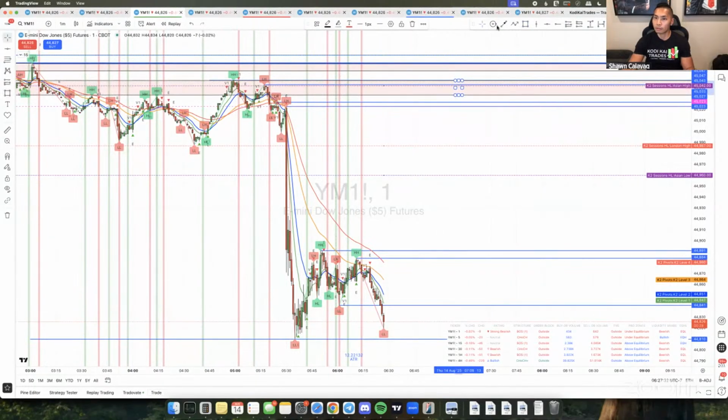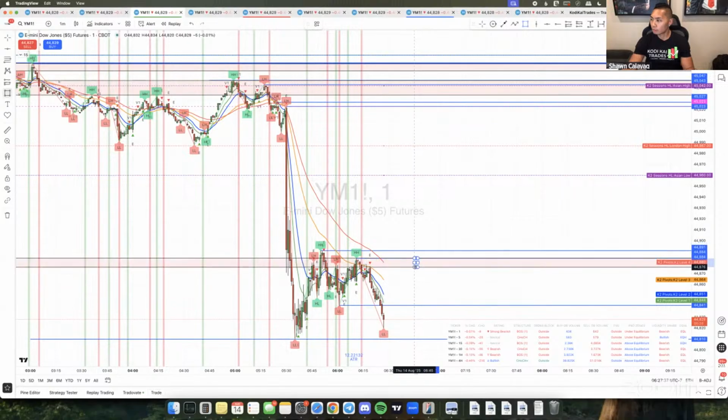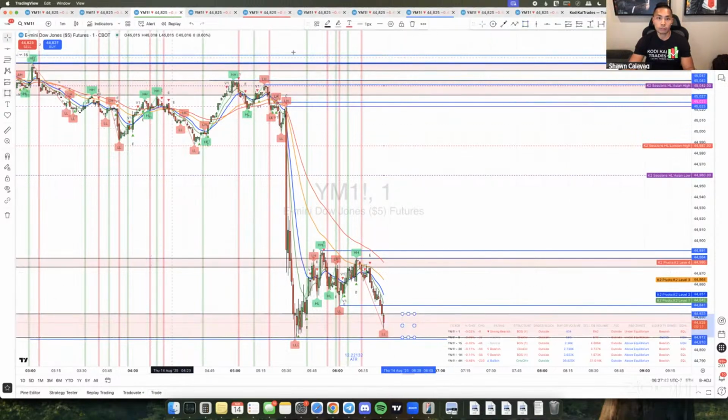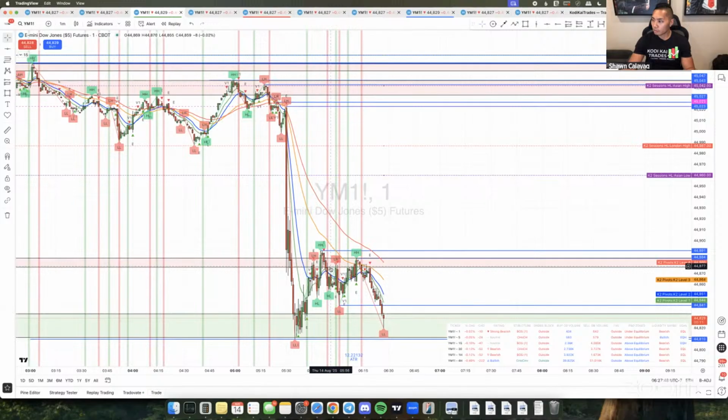Structure right there, there, structure right there. All right, so we'll see. This is kind of where price is ranging from right now. So we'll see how this ends up moving when price opens up in a few minutes. We'll identify where this ends up going.